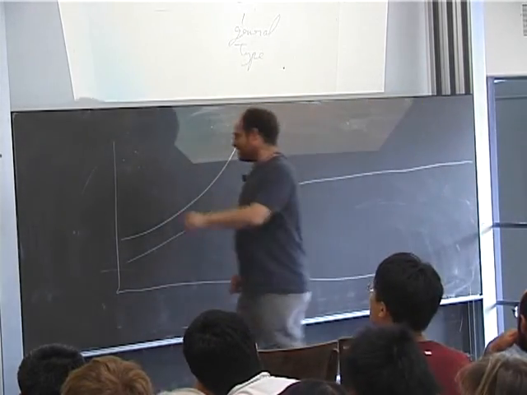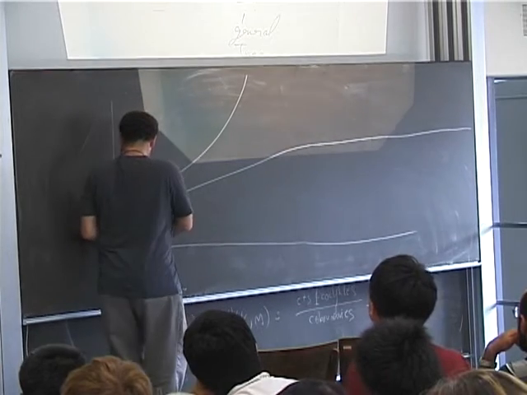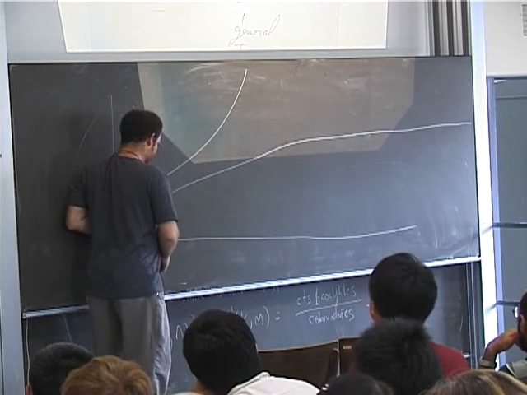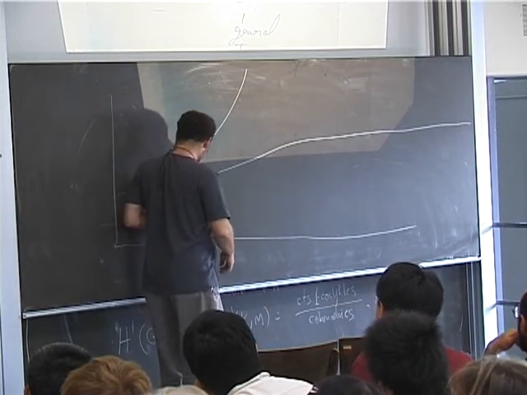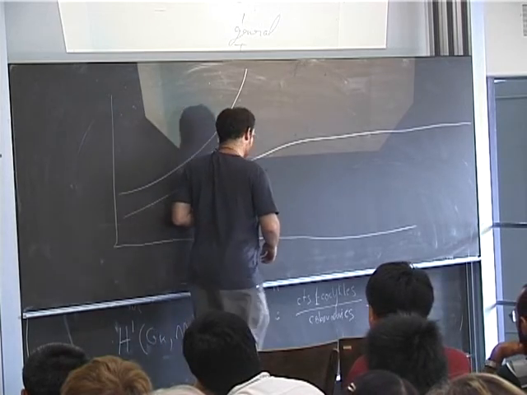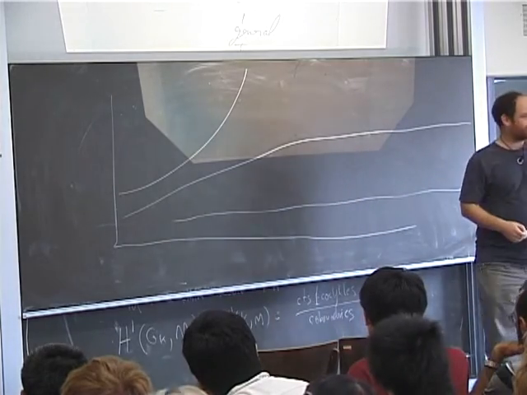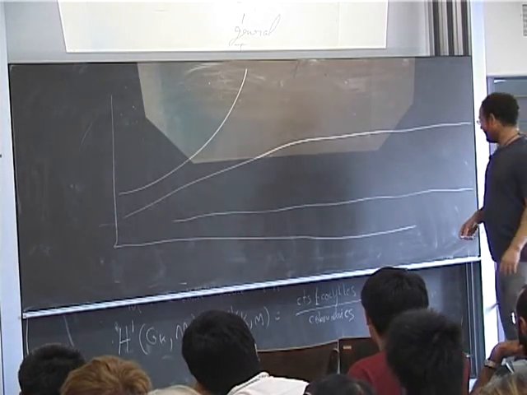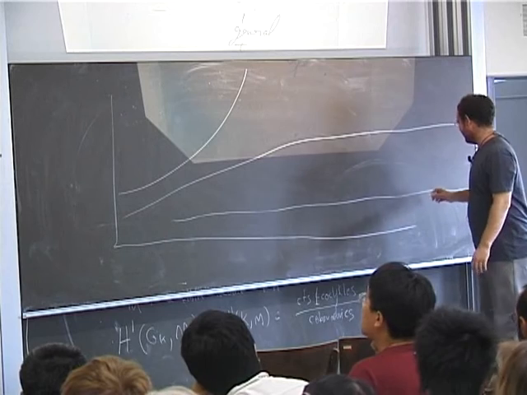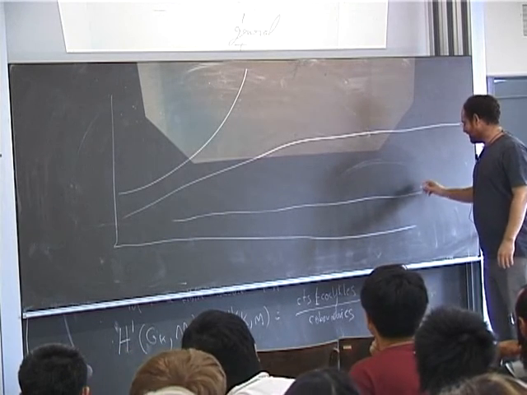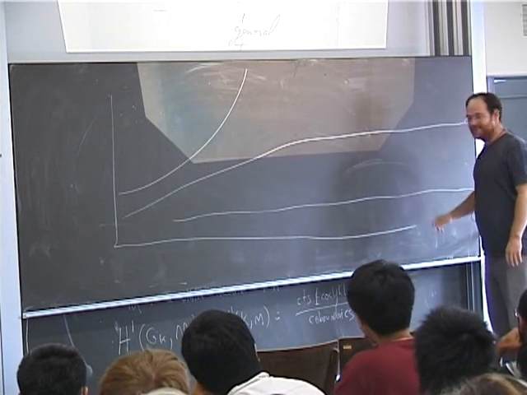And what Lang's conjecture says, let me try to be careful, is that on varieties of general type, it looks more like this. But what Silverman says is that you can say that this is a constant.